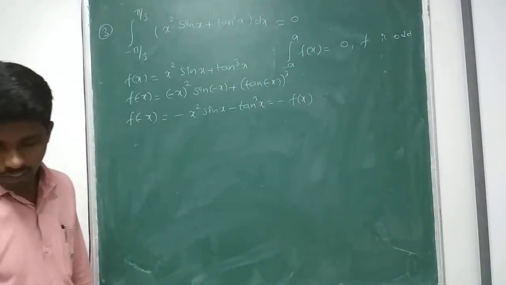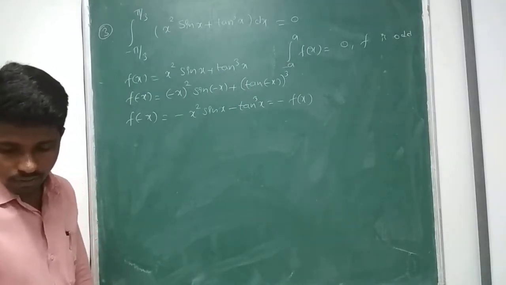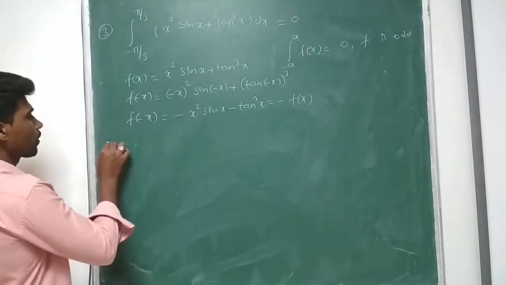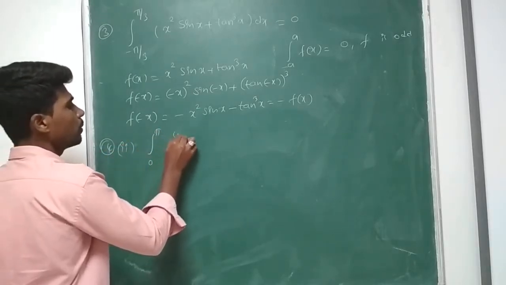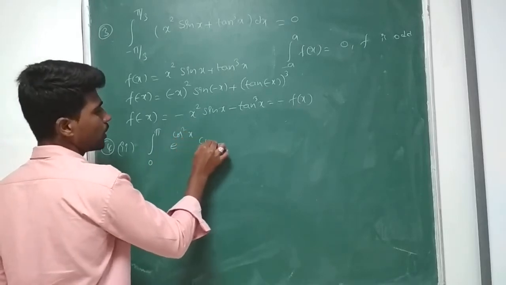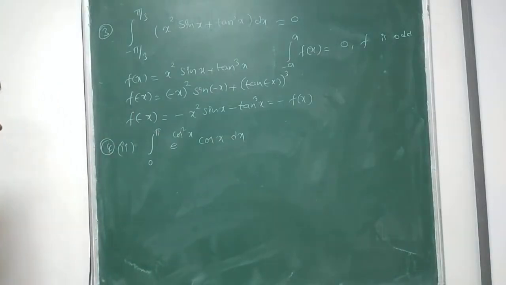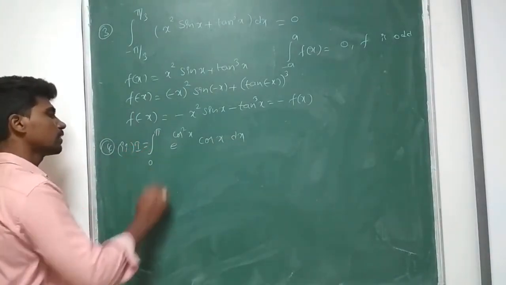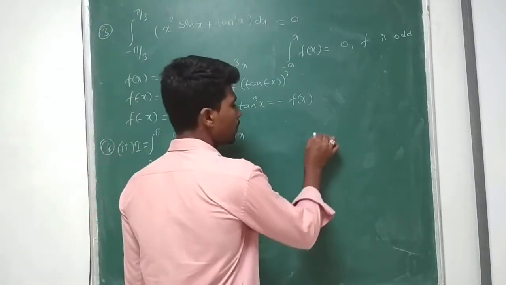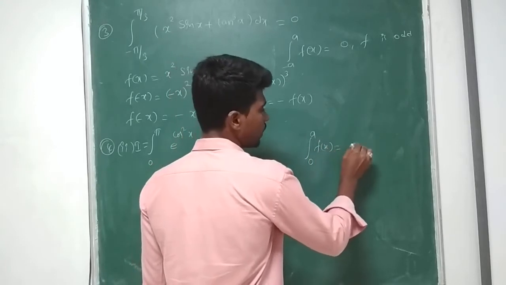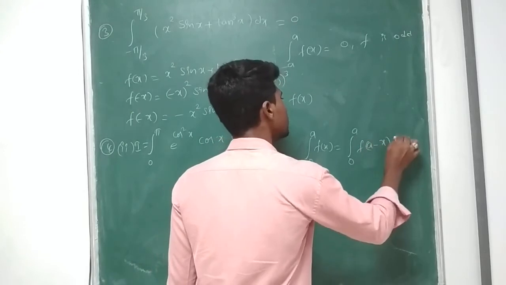After this, integral 0 to pi e power cos square x into cos x dx. Let us consider this given function as I. Now it is looking like 0 to a. So integral 0 to a f of x dx is equal to integral 0 to a f of a minus x dx.